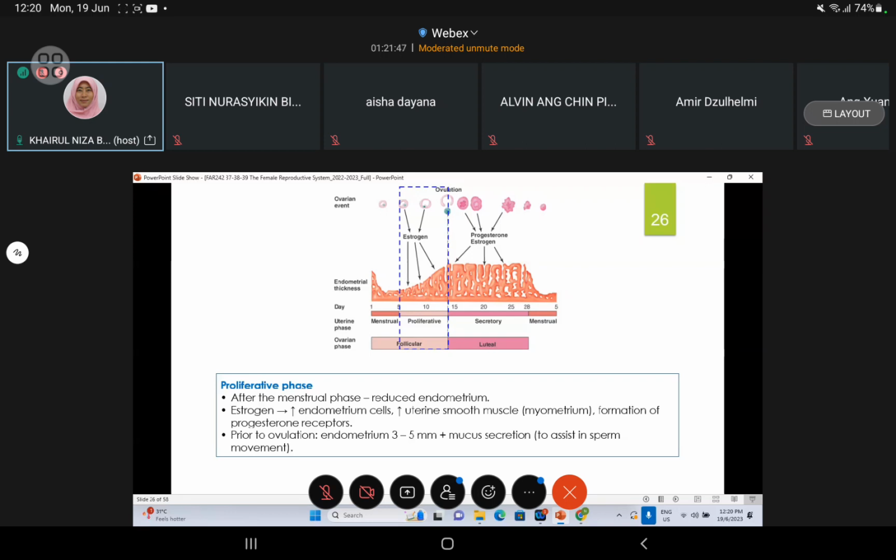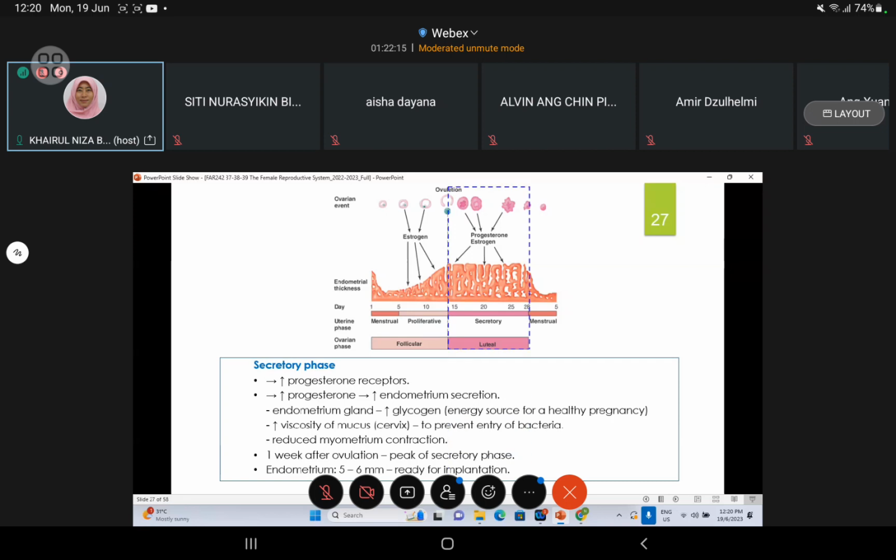Mucus is there to assist in sperm movement. Prior to ovulation, for fertilization to occur, the sperm needs to move up from the vagina across the uterus into the fallopian tube. So that is what happens during the proliferative phase of the endometrial cycle.